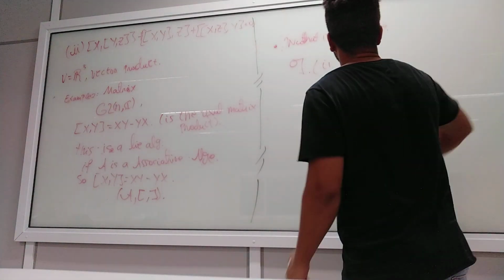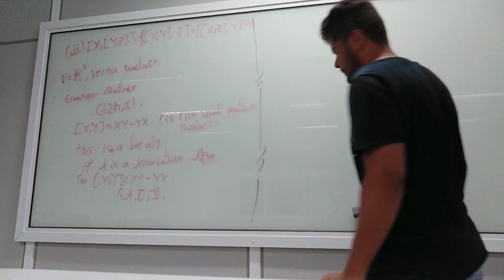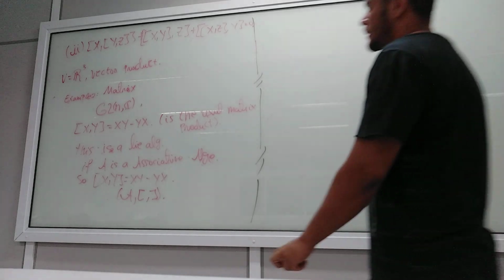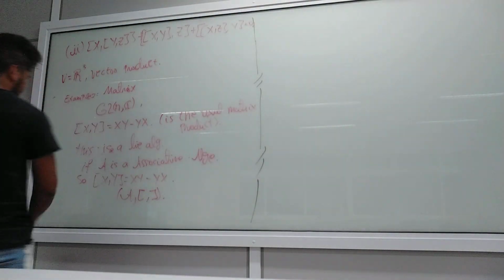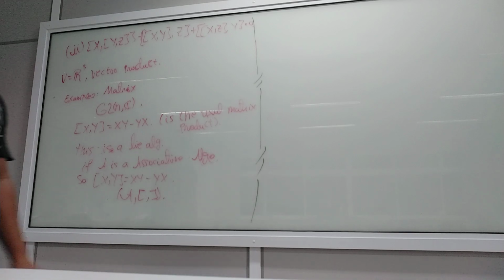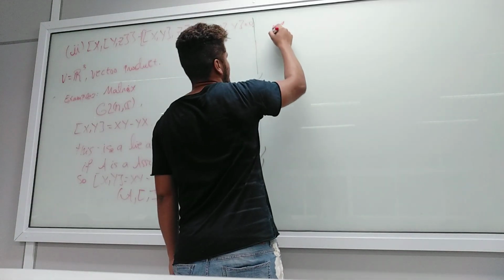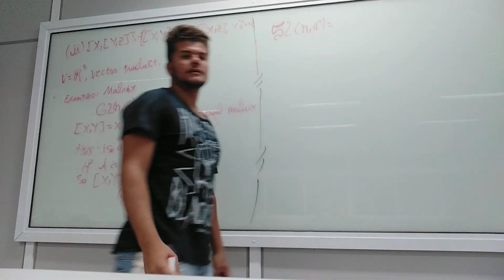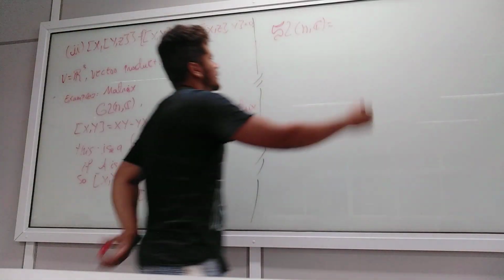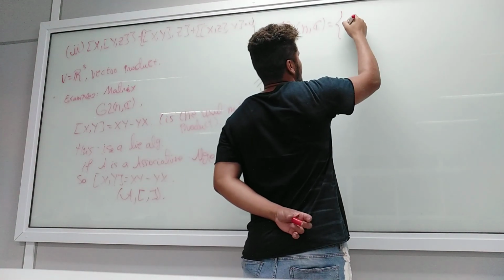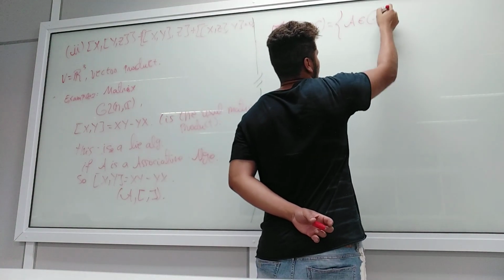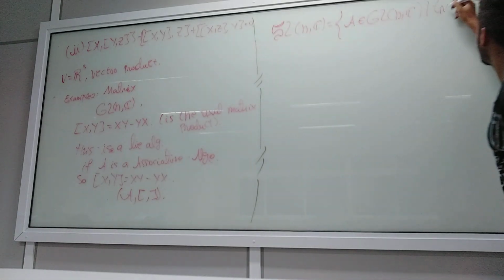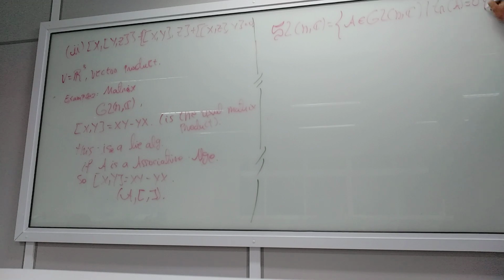What are some other interesting examples? One of the most important examples of a Lie algebra is the Lie algebra SLn over C. This Lie algebra is defined by all matrices A in GLn over C such that the trace of the matrix A is equal to 0.